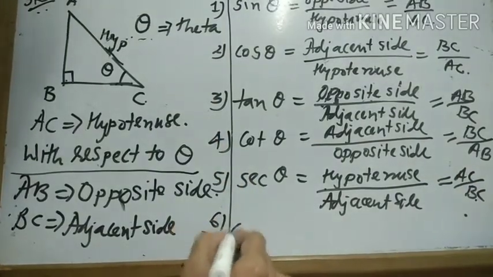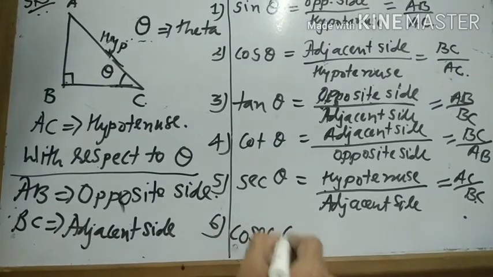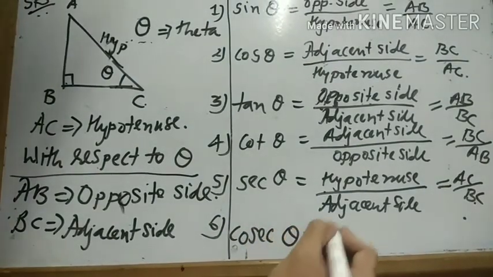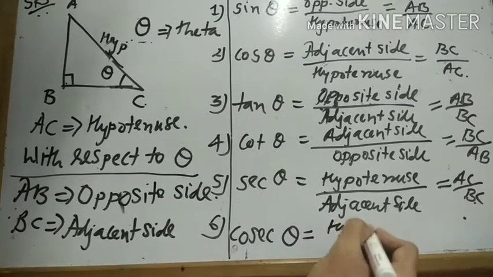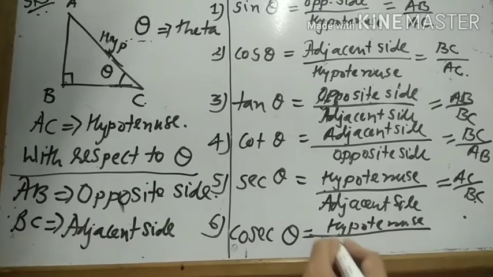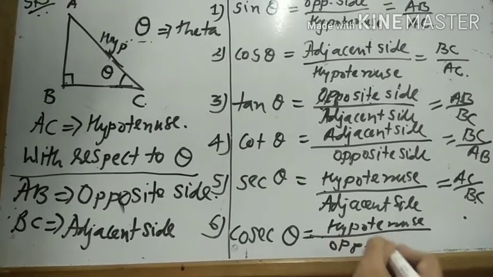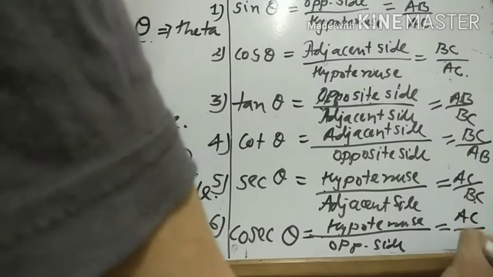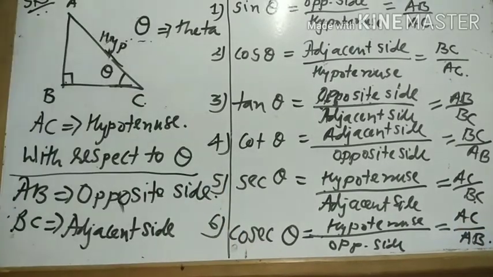And sixth ratio is cosecant ratio, which is represented as cosec. So cosec theta is very simple. Last one, hypotenuse divided by opposite side, that will be AC over AB.